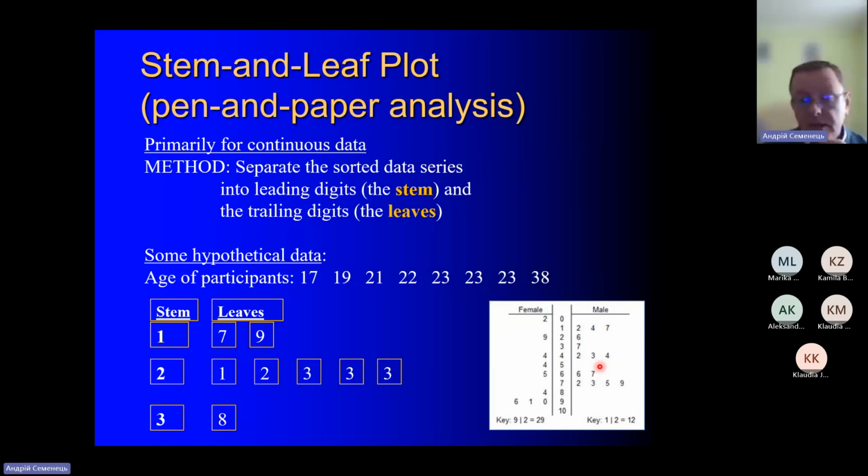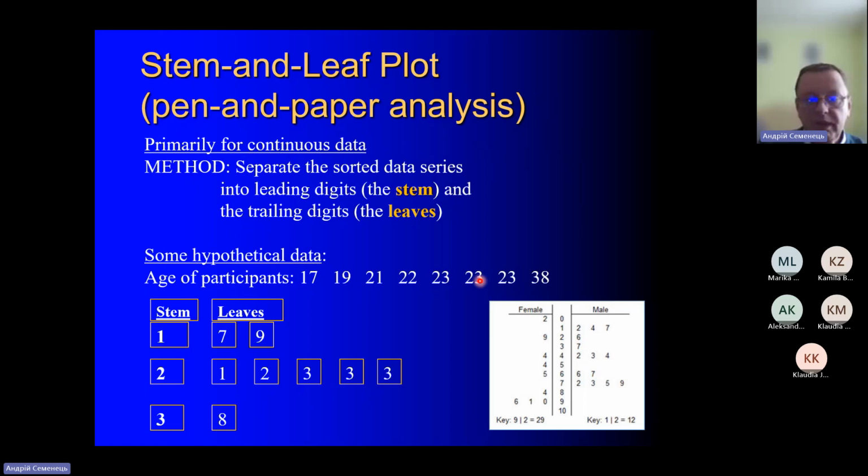With stem and leaf, we can get a visualization of continuous data. Usually it separates stored data into leading and trailing digits, depending on the value we have.